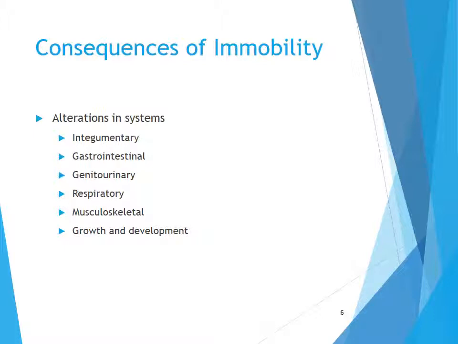You're going to assess the bowel sounds, abdominal distension, and elimination pattern. Provide a diet high in fiber and increase fluid intake. Administer stool softeners. Most often they're going to be on narcotics, which is going to slow the bowels down. So administering a stool softener is going to be important.